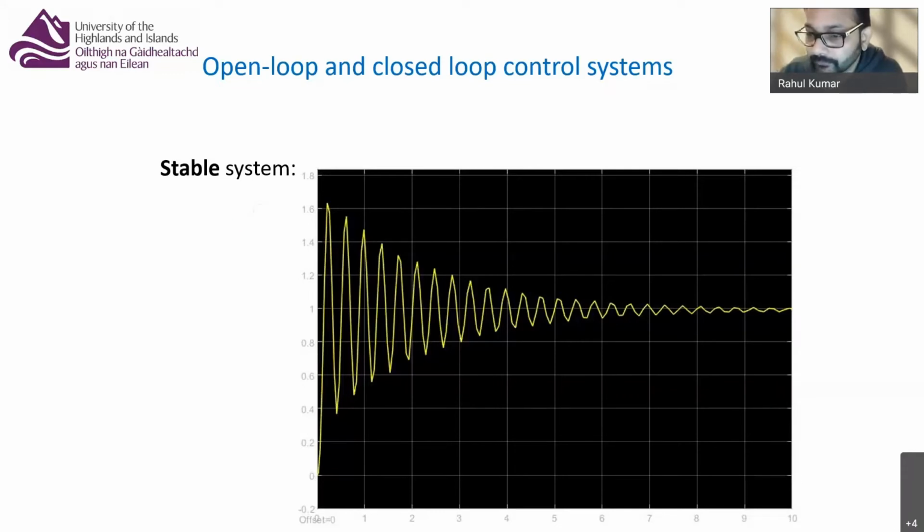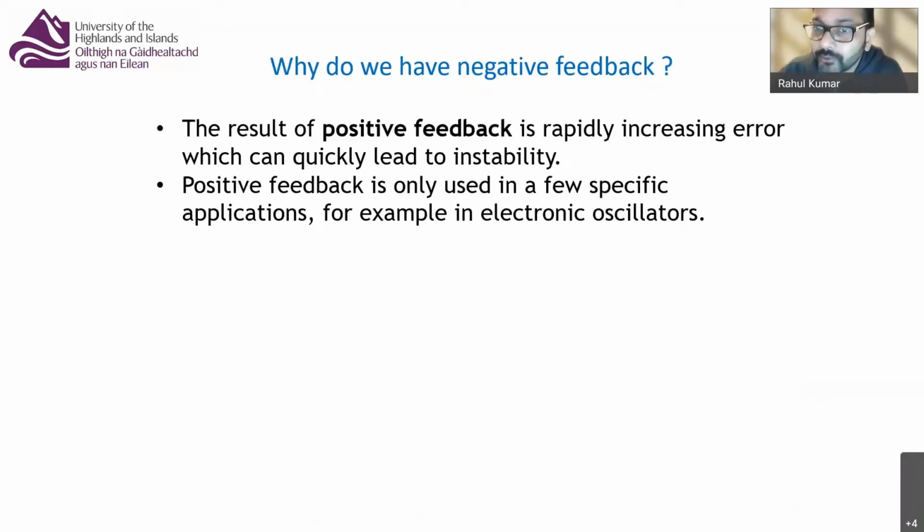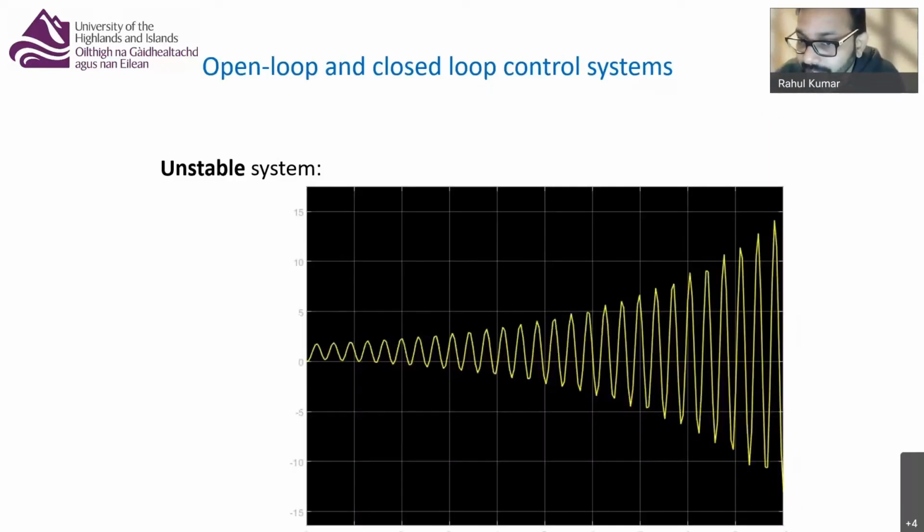Okay. And if you have a positive feedback, your output will have a rapidly increasing error. Right? If you have a positive feedback, that means your error will increase. Something like this.